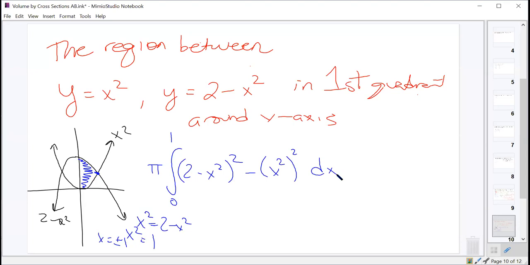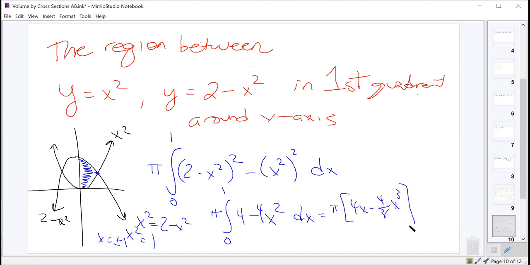All right, now it's just algebra. Pi, 0 to 1, 2 minus x squared squared ought to be what? 4 minus 4x squared. And then we're going to get a plus x to the fourth. And then that's going to be a minus x to the fourth. So those will cancel out. You can ignore that. dx. So we have pi. We get 4x minus 4/3 x cubed from 0 to 1.